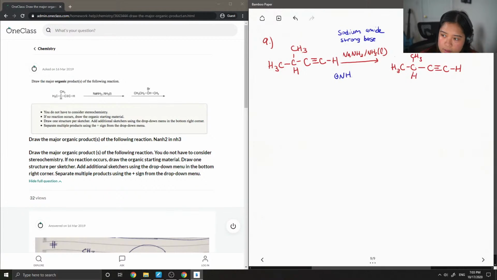Okay, so yeah, this NH2 will come in, and that's how it gets deprotonated.